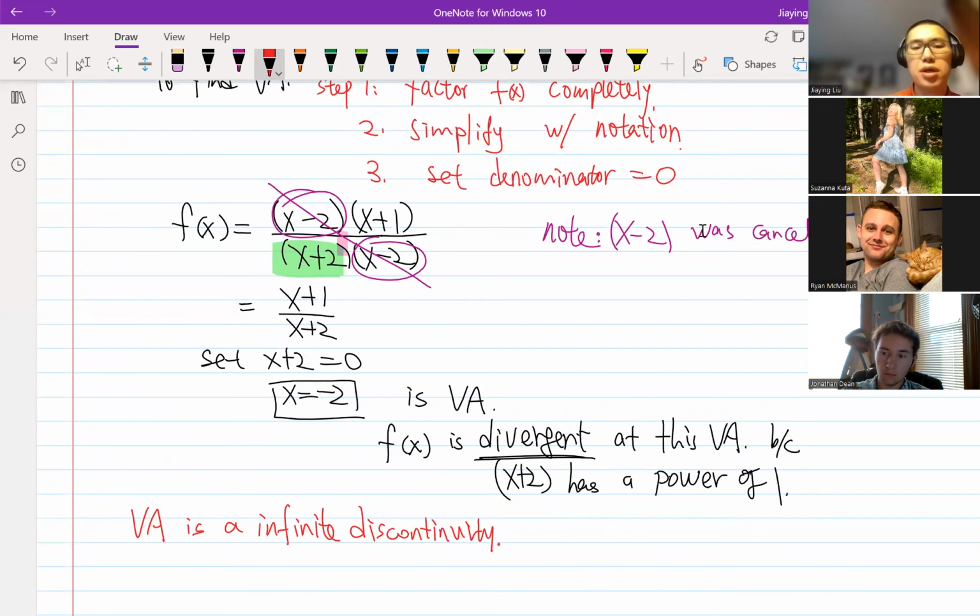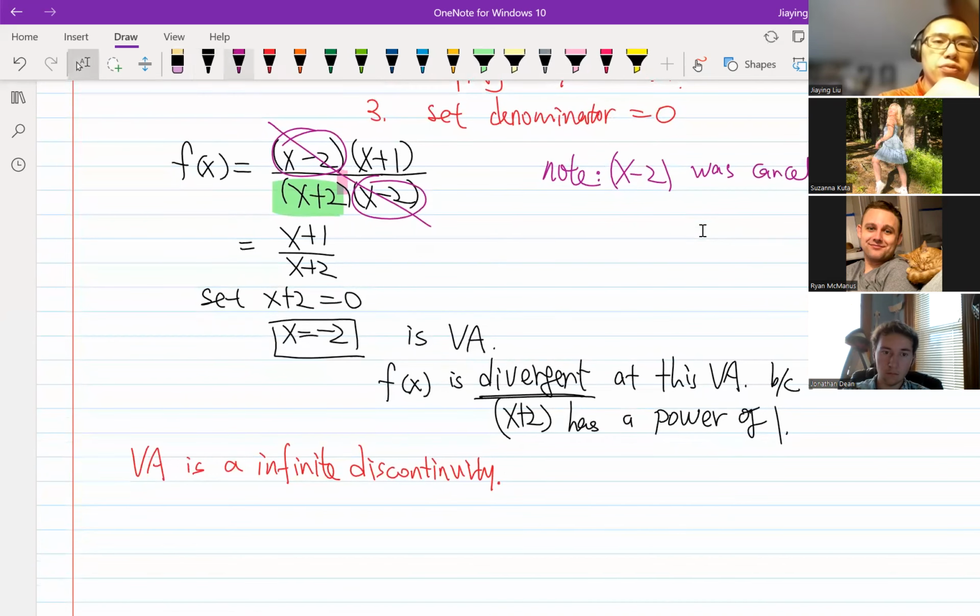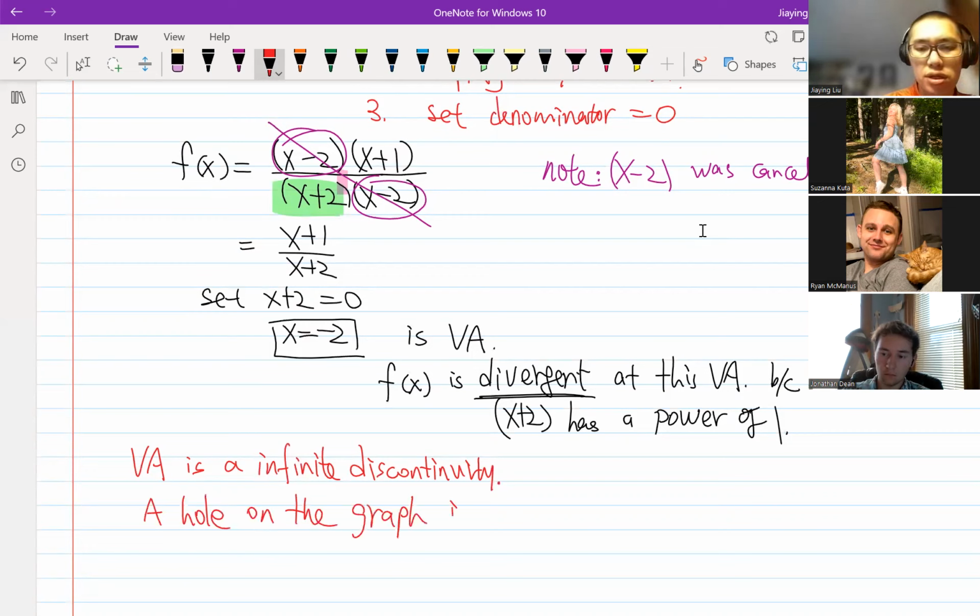That's just a term. Now there's another term called removable discontinuity. That will be a hole on the graph. So a hole on the graph is a removable discontinuity.